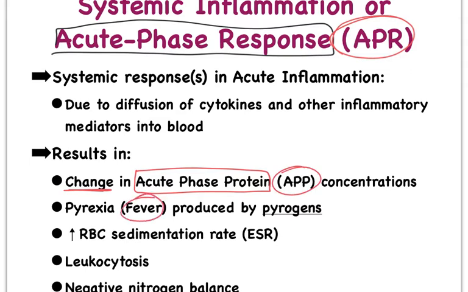We'll discuss fever, which is generated by means of pyrogens, and there you see pyrogen as in fire, right? We're going to talk about the sedimentation rate of erythrocytes, the increase of white blood cells, and then something called negative nitrogen balance. So we need to look at 1, 2, 3, 4, 5 major items here, and then we're done with our whole discussion of inflammation.